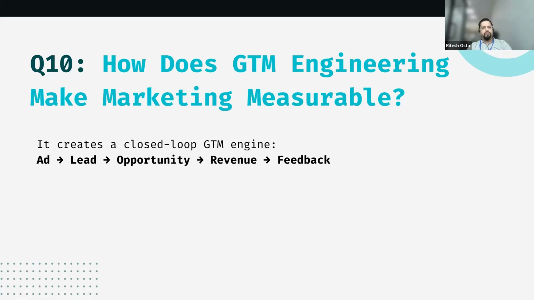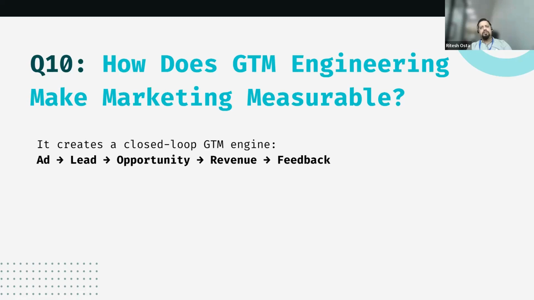There used to be an ad team, a marketing team taking care of leads, a sales team taking care of opportunities, a revenue team, and this whole system was siloed. It was a lot of continuous work to create reports and see what's really working and what's not.